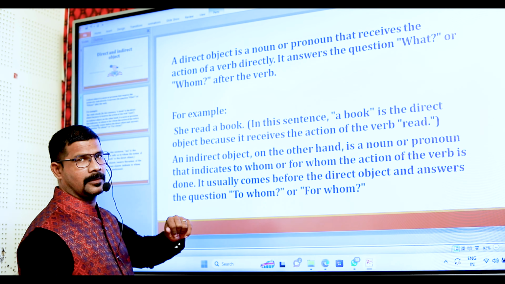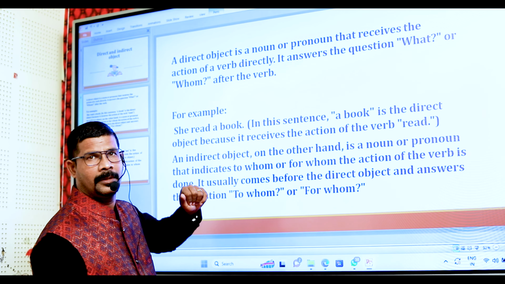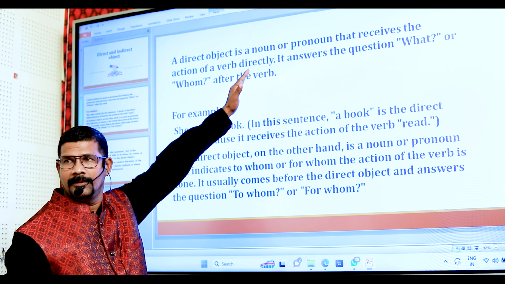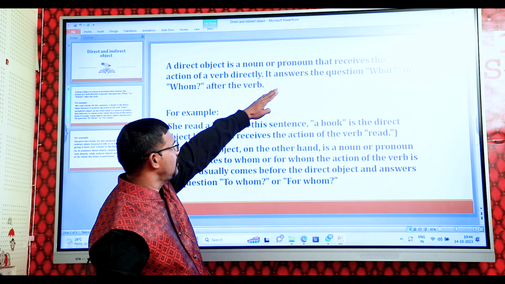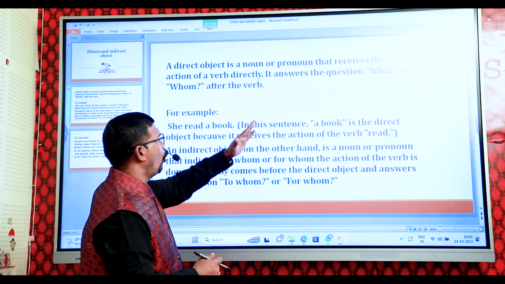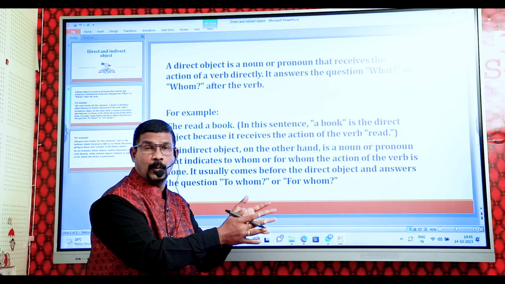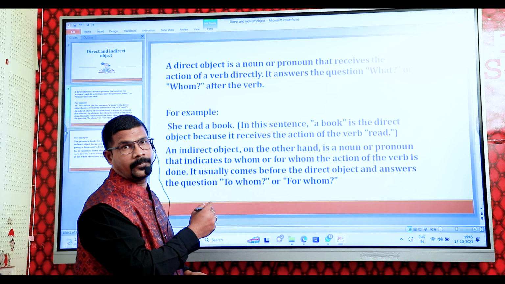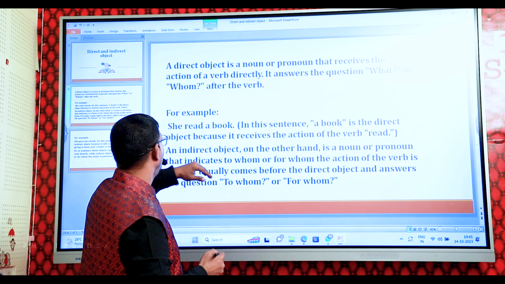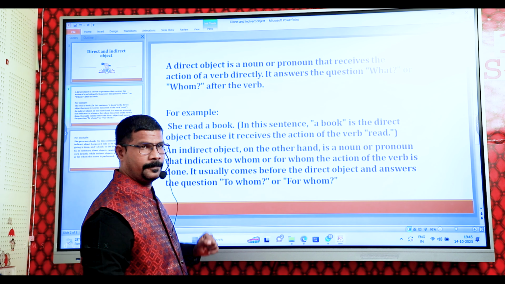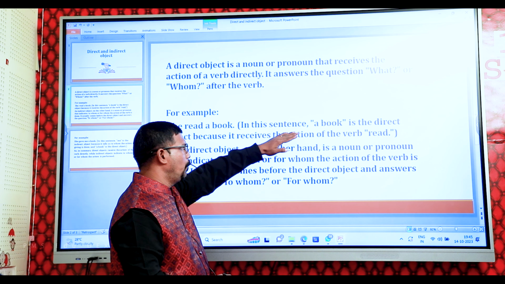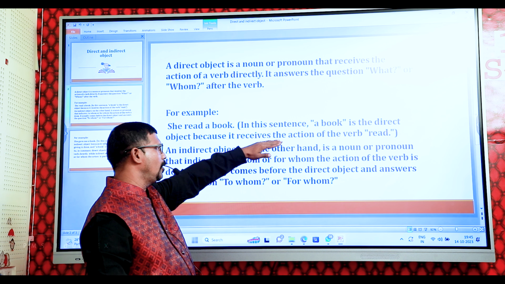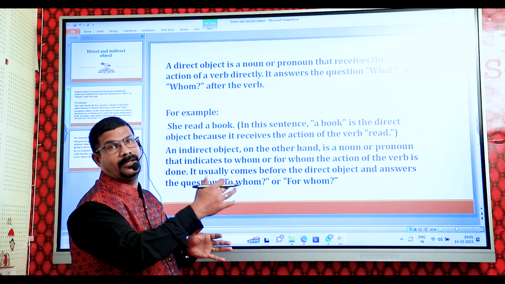A direct object is a noun or pronoun that receives the action of a verb directly. It answers the question what or whom after the verb. So here you have to point out after the verb. Understand? For example, she read a book. In this sentence, a book is the direct object because it receives the action of the verb read.